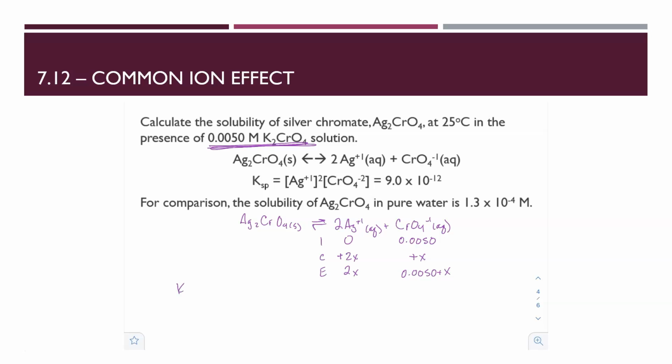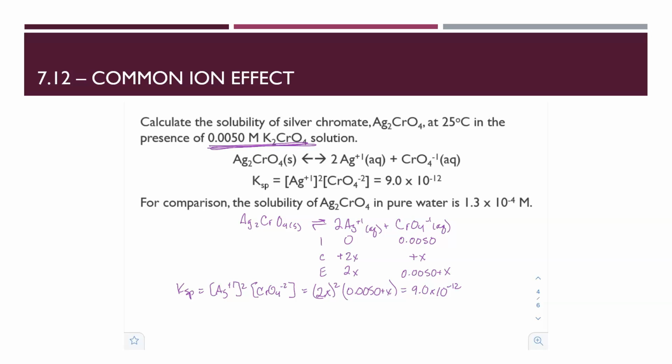Okay, and then when we look at our Ksp, we're given it in the question, so our expression is silver ion squared times our chromate ion concentration, which would be 2x squared times 0.005 plus x. And then that is equal to 9 times 10 to the negative 12th.